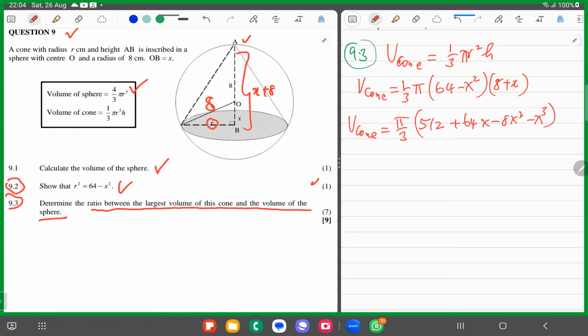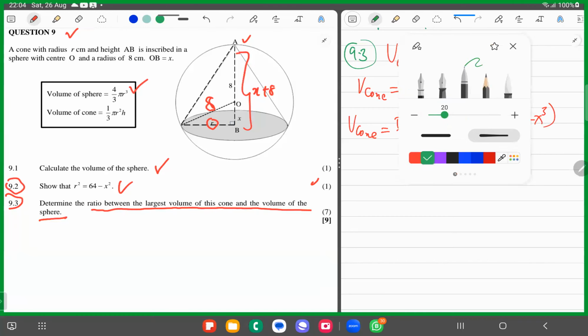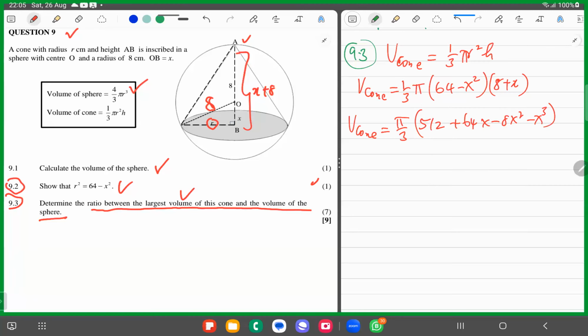At this point, you're welcome to find the derivative of this. You want to get the largest volume of the cone, so find its derivative.